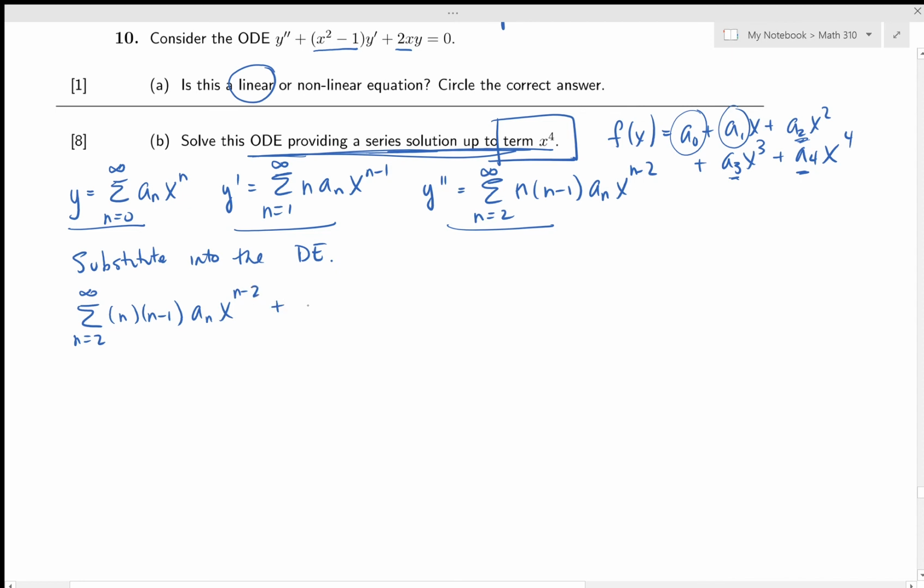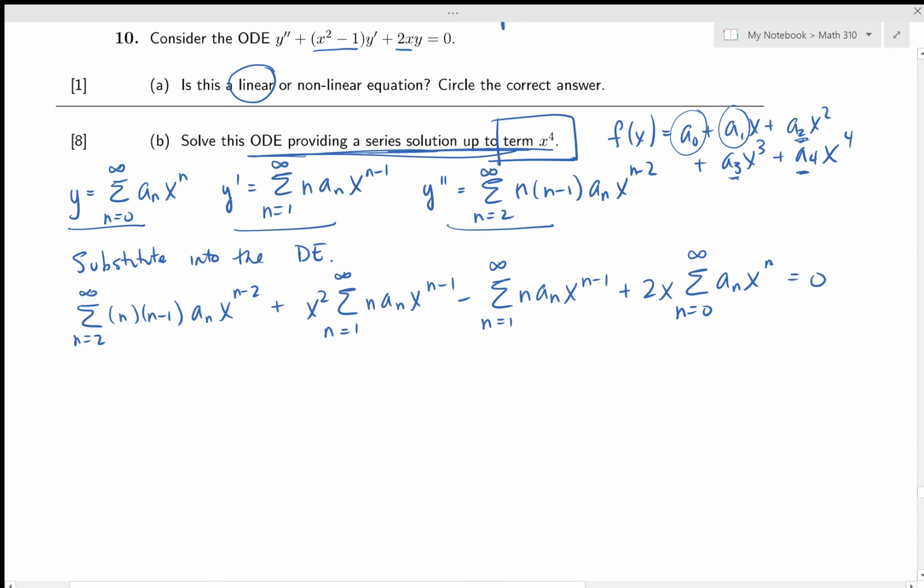I'll do that in two pieces: x squared times y prime, minus 1 times y prime, plus 2x times y. Be careful with the indices. It's critical to getting the right coefficients on your power series that you are extra careful with the coefficients.